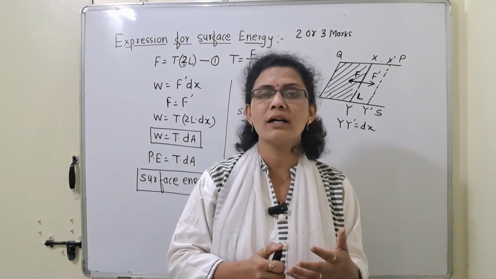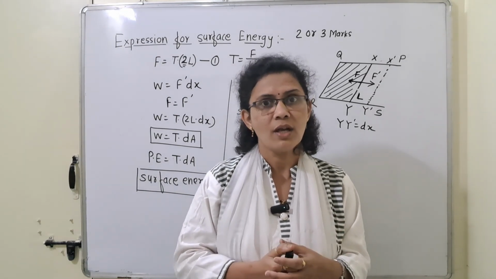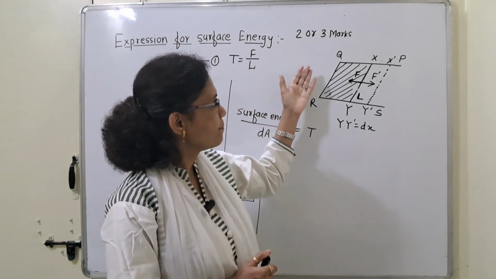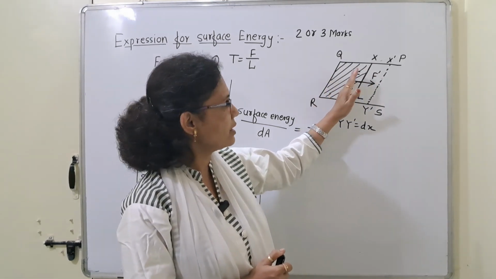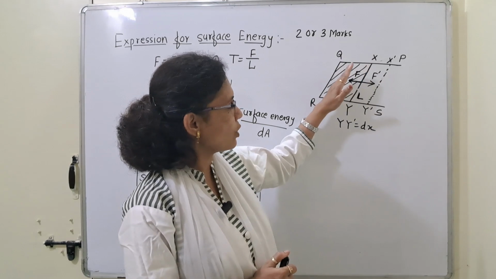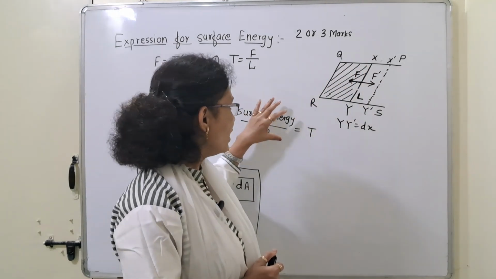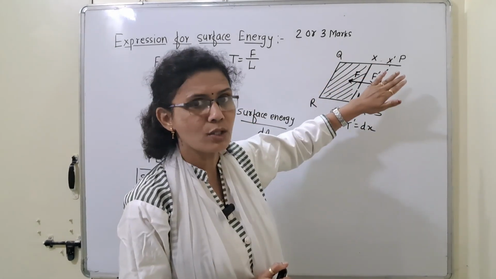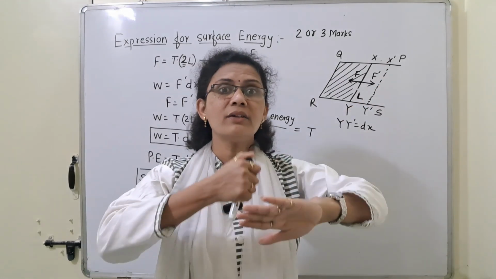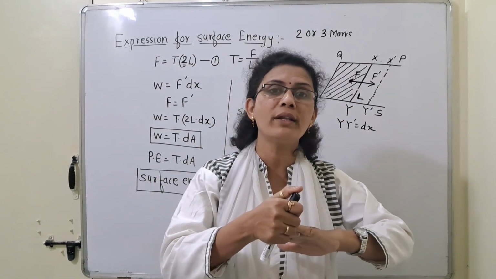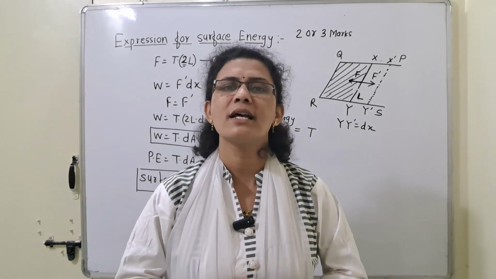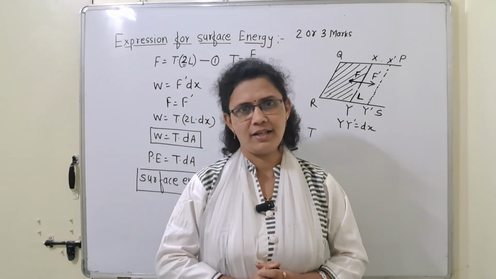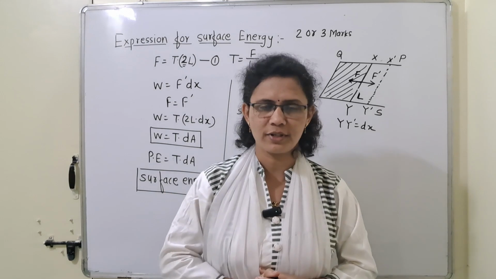Then what will be that definition of surface energy? When there is a change in area of the surface film, or when there is a movable arm on this, that work done stored in the soap film gets stored in the form of potential energy, and that potential energy is called surface energy. So this is the derivation for this question.